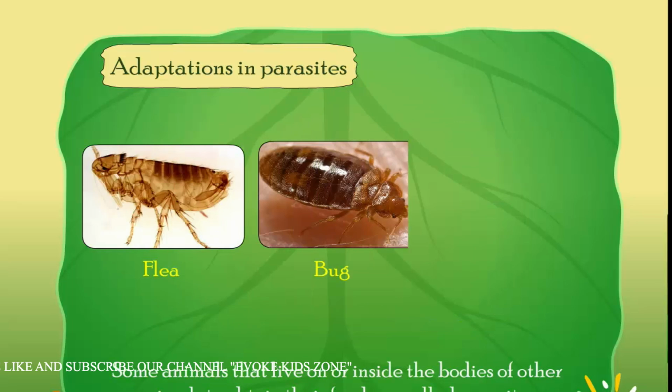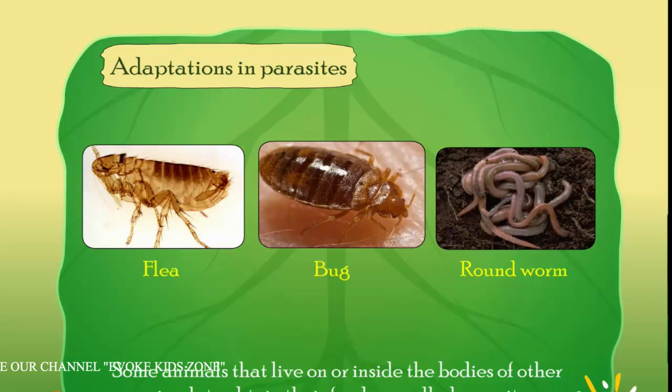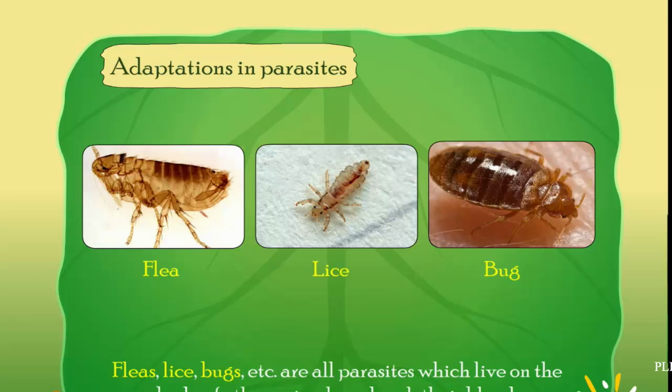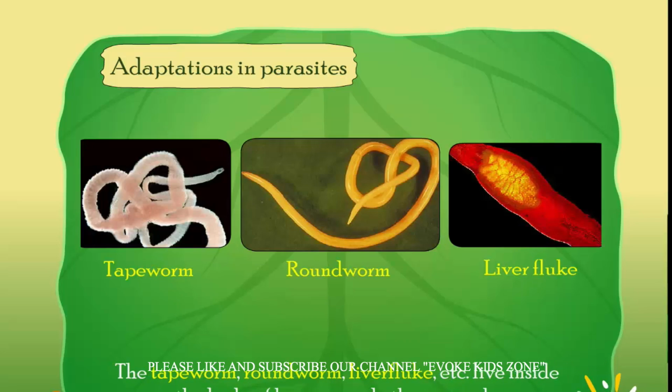Some animals that live on or inside the bodies of other animals to obtain their food are called parasites. Fleas, lice, bugs, etc. are all parasites which live on the body of other animals and suck their blood. The tapeworm, roundworm, liver fluke, etc. live inside the body of humans and other animals.